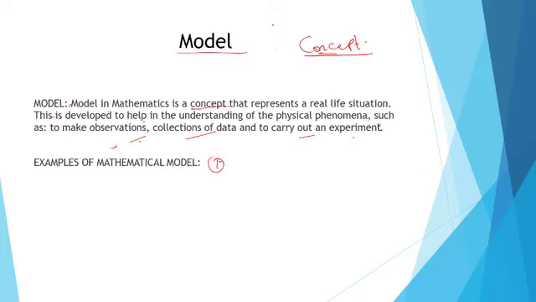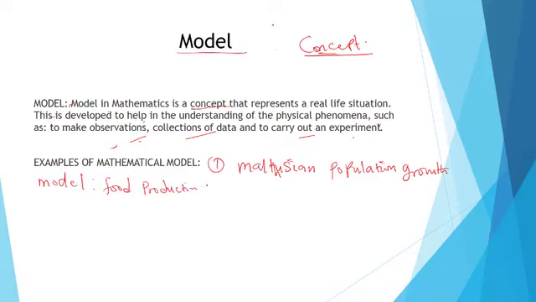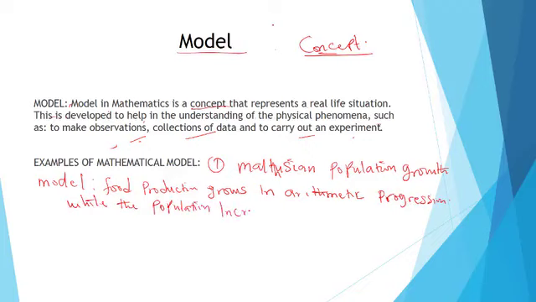Let me go with the Malthusian population growth model, and it states that food production grows in arithmetic progression, while the population increases in a geometric progression.